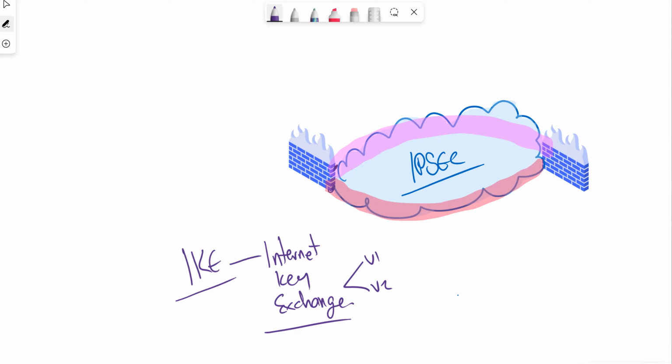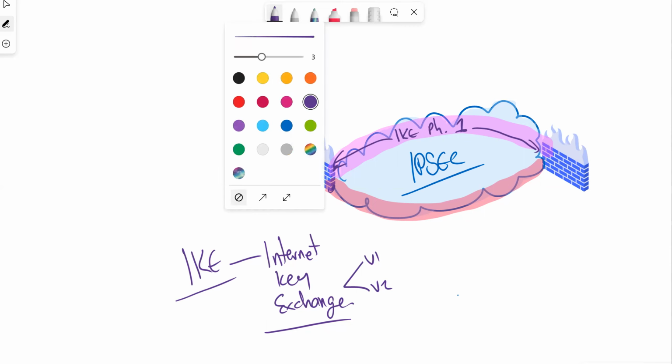So with IKE, we build two tunnels essentially. We've got our IPsec tunnel to support our connectivity between the two hosts. We'll have our IKE phase one, and IKE phase one is purely about the two devices communicating with each other. I'll put it here as our IKE phase one. So this is just these two firewalls talking to each other and knowing who they are and what they're all about at all times.